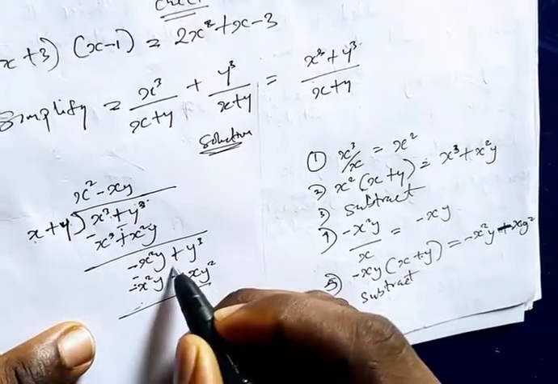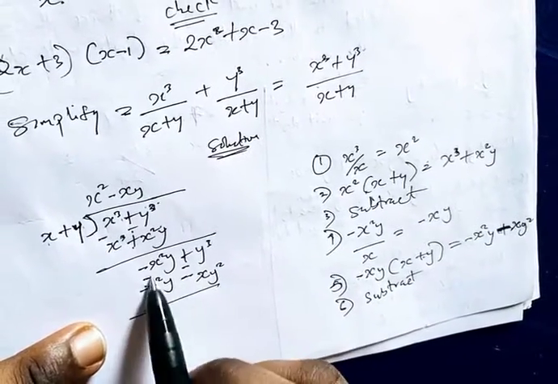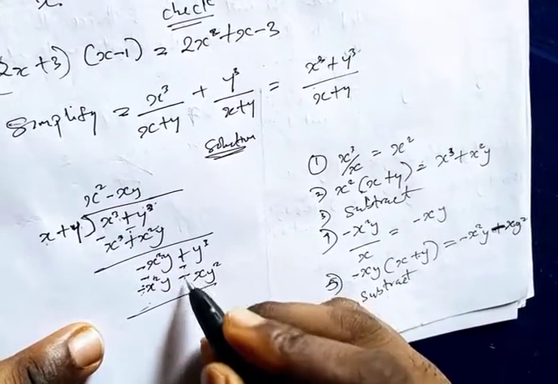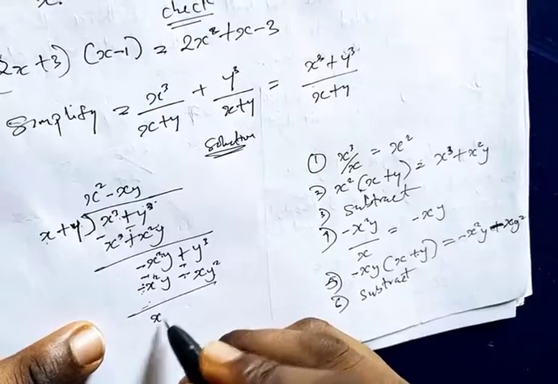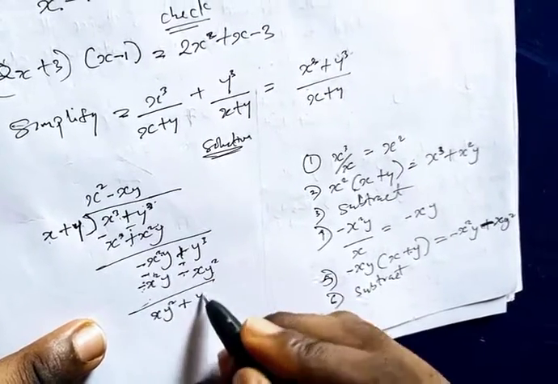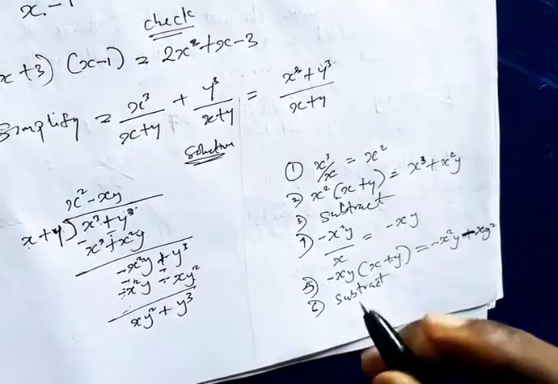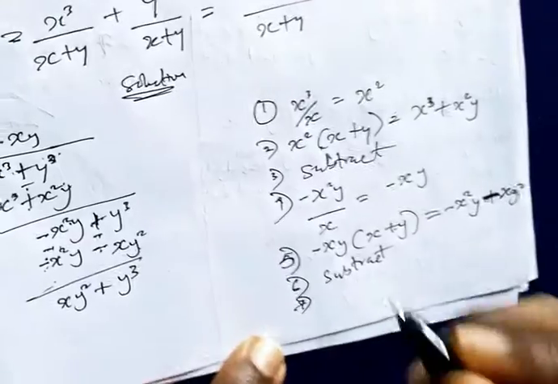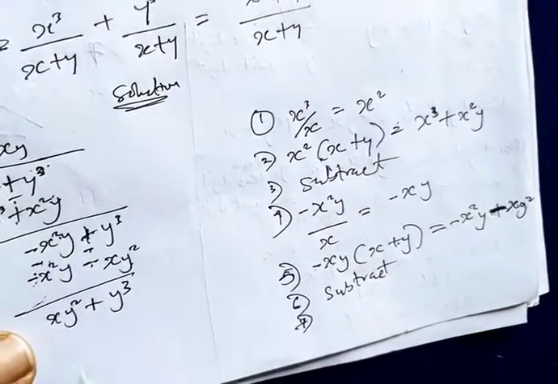So if I subtract, this becomes positive, so it cancels out with this. Then I'm left with positive xy squared plus y cubed. So I go over the process again, which is the seventh step.